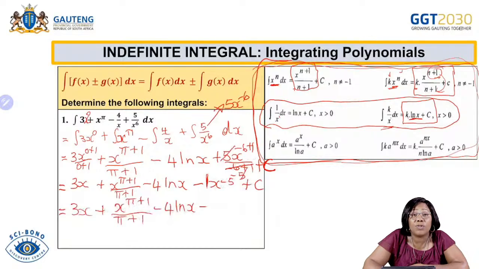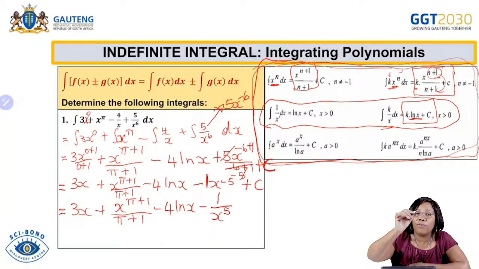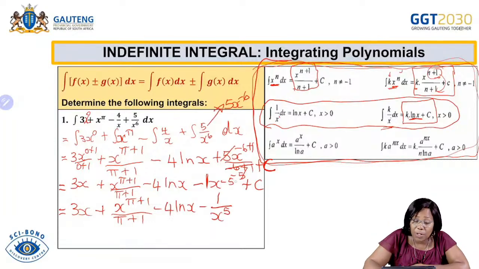Remember, there's a 1 there that we don't normally write. If it's a coefficient of x, that will be minus 1 over x to the power 5. Now, because we have moved x to the power minus 5 from the numerator to the denominator, it is now a positive 5. And then the plus c.